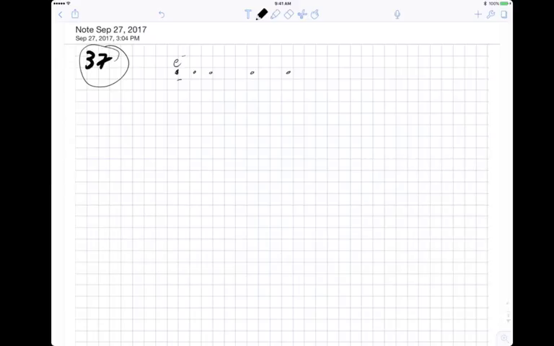It's initially moving at 2.0e5 meters per second, and in the end, it's moving at 1.0e7 meters per second, and the distance between the two is 0.012 meters. So the question is, what's the acceleration?